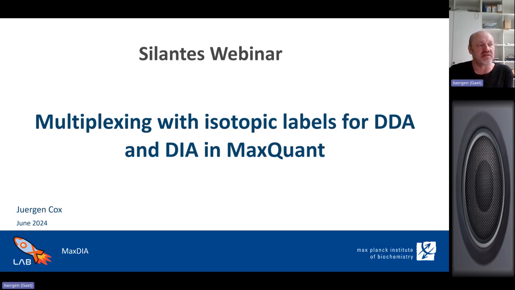But also recently, we also support DIA data together with isotopic or any kind of label, could also be chemical labels. And so this is actually what I will be focusing on today, because probably most of you know how to use or that MaxQuant can be used for DDA SILAC data.